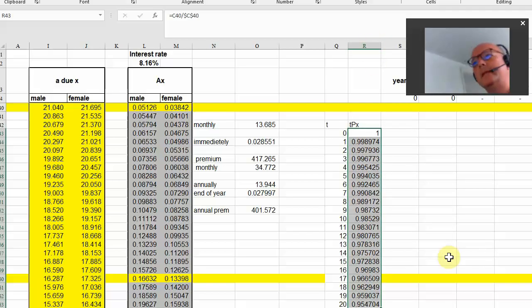The probability that death takes place in that year is then obviously 1 minus the probability we survive.